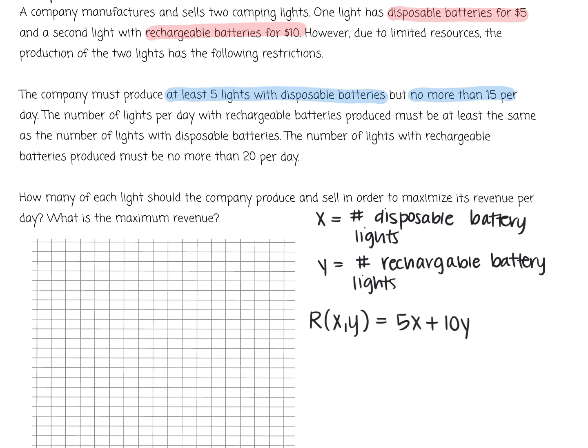And then for the rechargeable batteries, you can do no more than 20, but it has to be at least the same as the number of lights with disposable batteries. So those 4 statements are going to give me 4 inequalities.